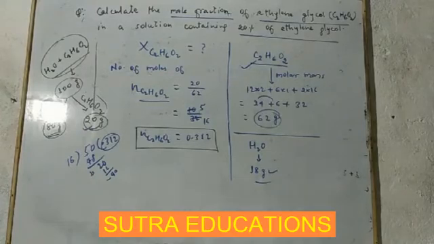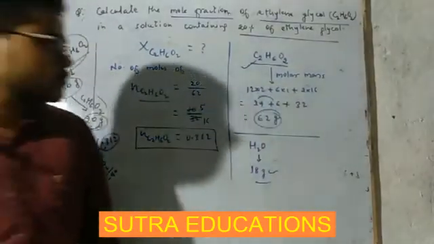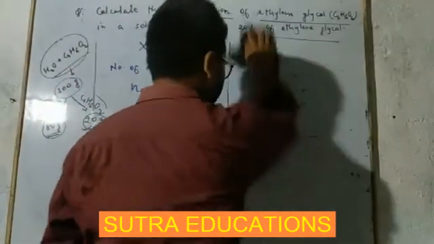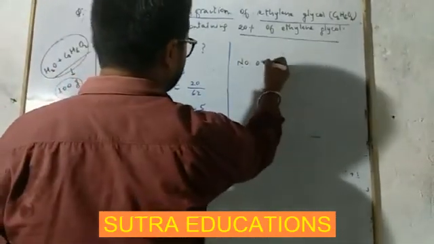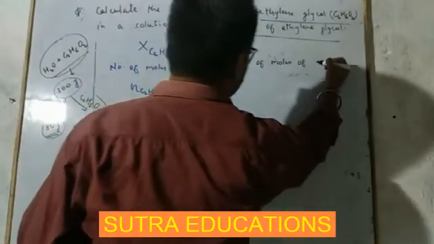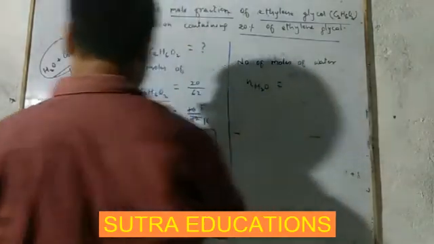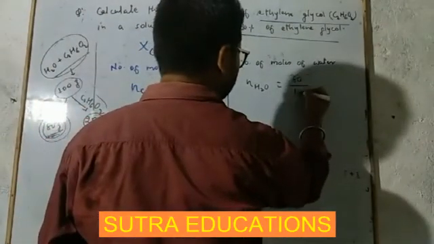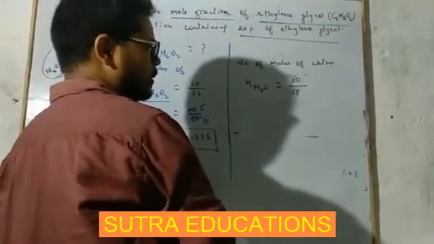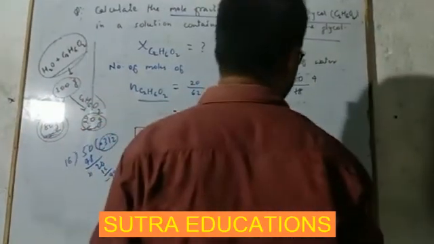So right here number of moles of water, N H2O, is equal to mass we have calculated, 80 gram, upon molar mass of water, which is 18.